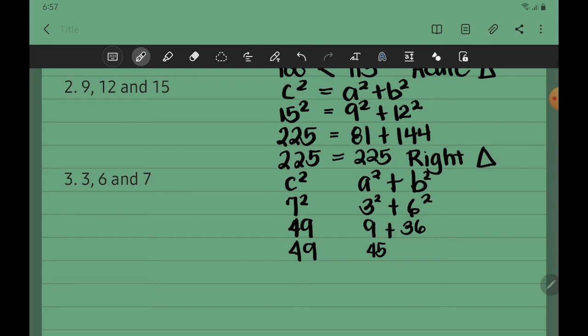In relation to the sum of the squares of our shorter sides, which is 45, the 49 is higher than 45. So that is greater than. And if that is greater than, obviously, that is an obtuse triangle.